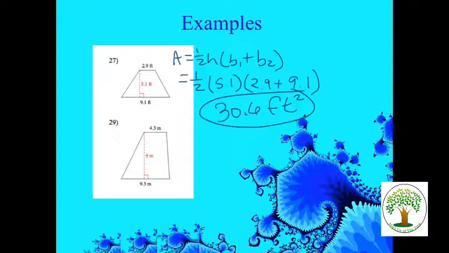I'm going to let you guys try that one by yourself. Which one? 29? This next one. Oh, whoops, I was on 28. Can you do 29? Let me know. You can use mine too if you want, Josie. I don't mind. Just let me know.